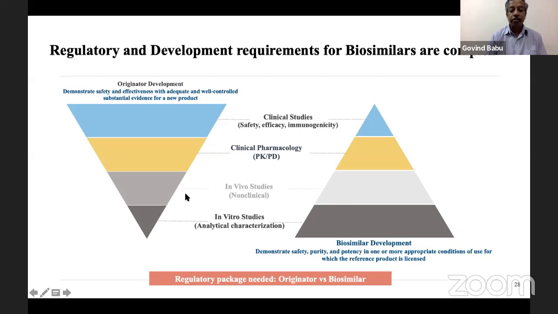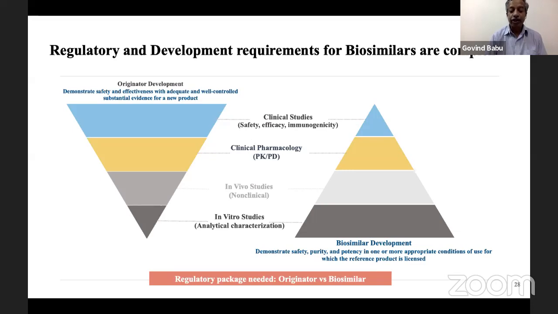Whereas for a biosimilar, this pyramid is inverted. And in biosimilar development, the physicochemical properties is what is very, very important. And when you come to the clinical, this needs to be very, very small as compared to the innovator brand. So this is the key difference between a biosimilar and an innovator development.